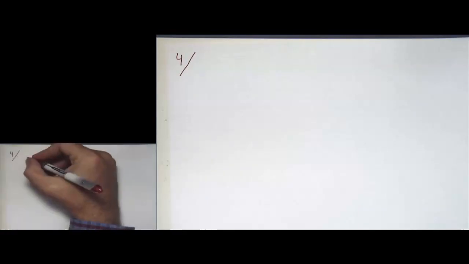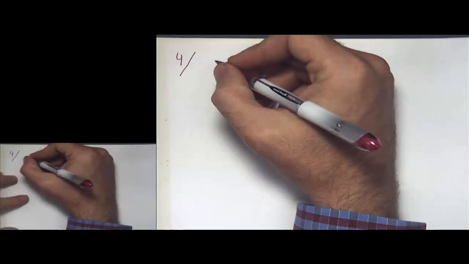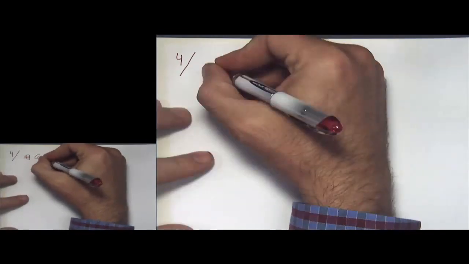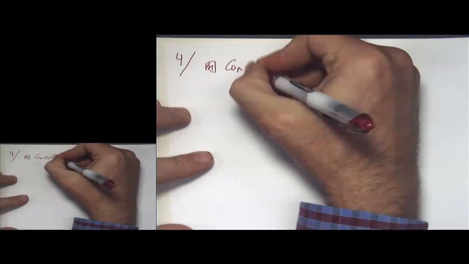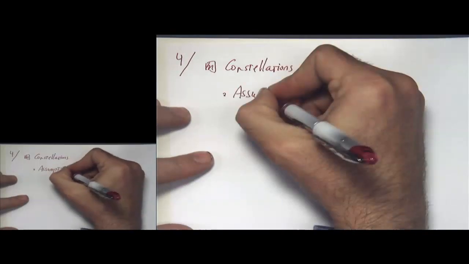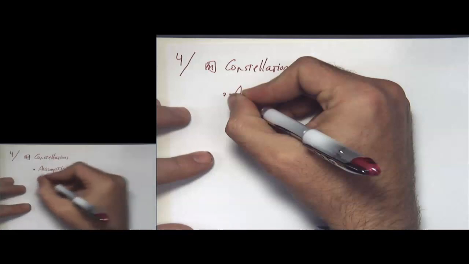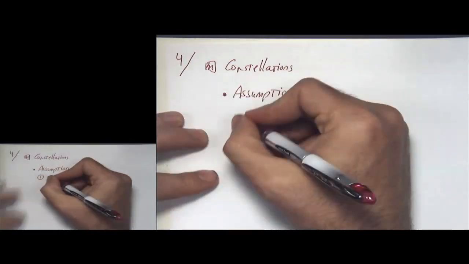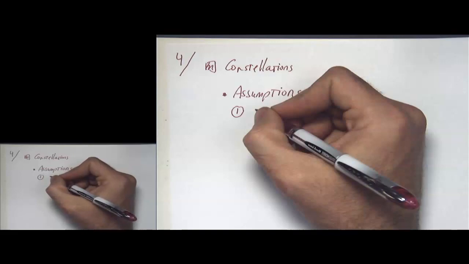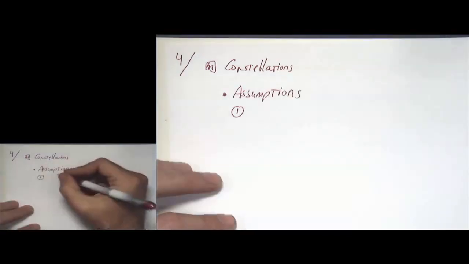So let's talk about constellation normalization here. So the assumptions that we make about constellations, there's 3. And these are not always made, so you have to be careful if you're using another reference that they follow the same set of assumptions. They don't always do that here.